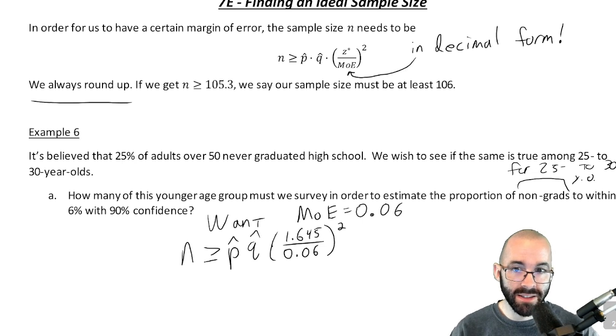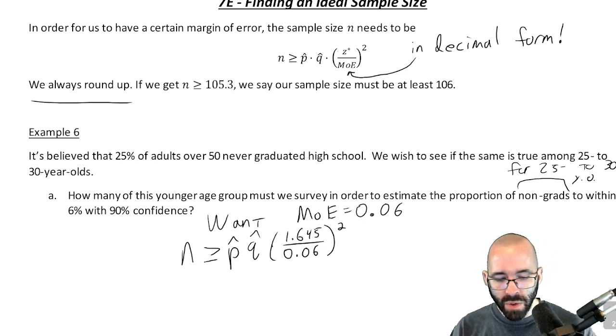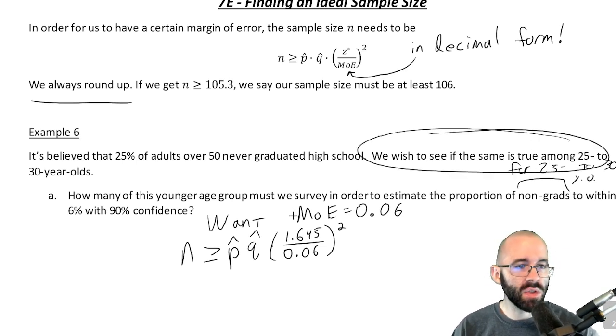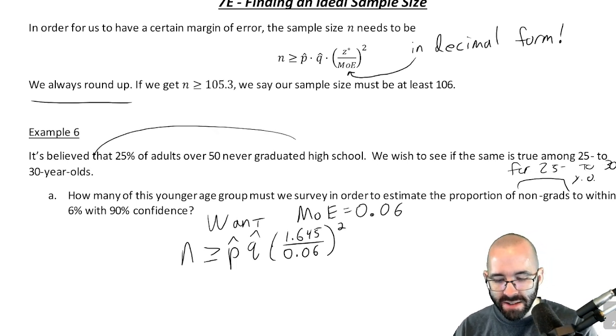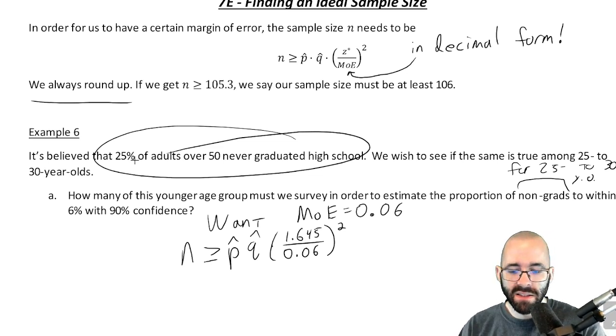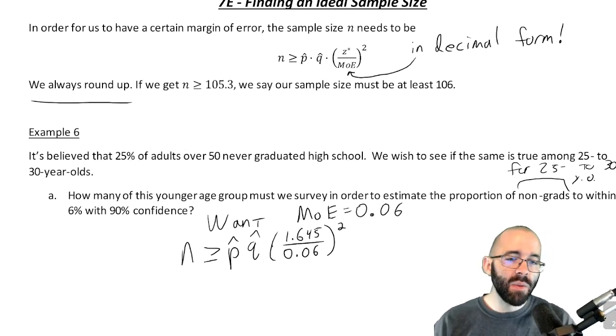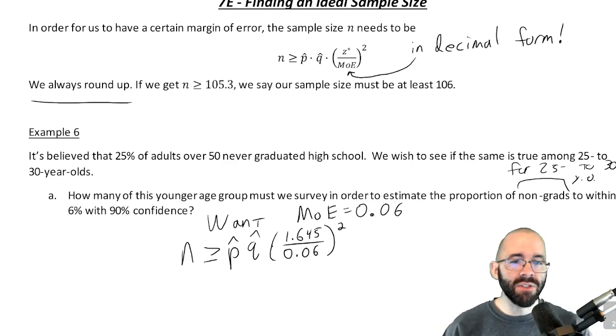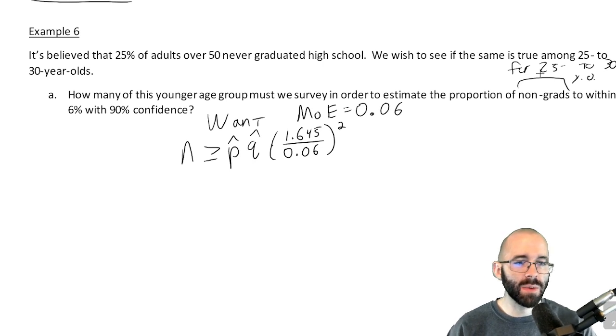Statistically guess. So we're thinking the same might be true for this age group as it is for this age group. So we're going to use that other age group as a guess. And then we can find after the fact kind of how close we were. But for our initial sample, yeah, we'll guess with some kind of approximation.